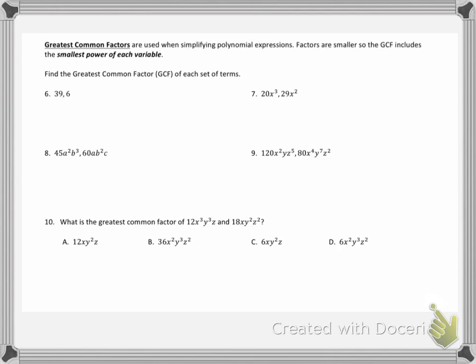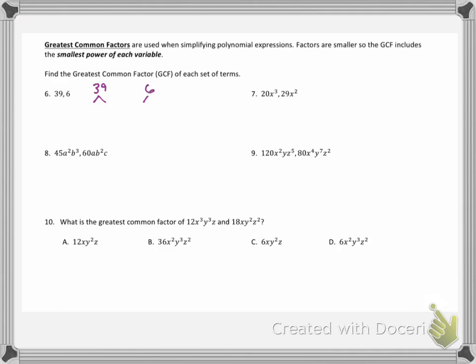So if I want to find the greatest common factor, you might remember this from earlier in the school year. We kind of did the same strategy when we broke down radicals and square roots. If I want to figure out a greatest common factor, what we're going to do is figure out what's the biggest thing that divides into each of these numbers. So you can either try to do that mentally for right now, or you can make factor trees. So I'm going to take 39 and break it apart.